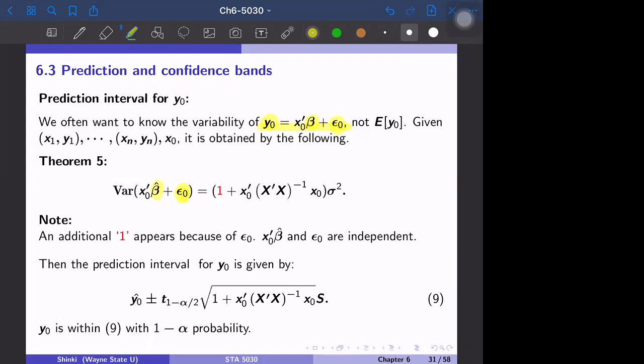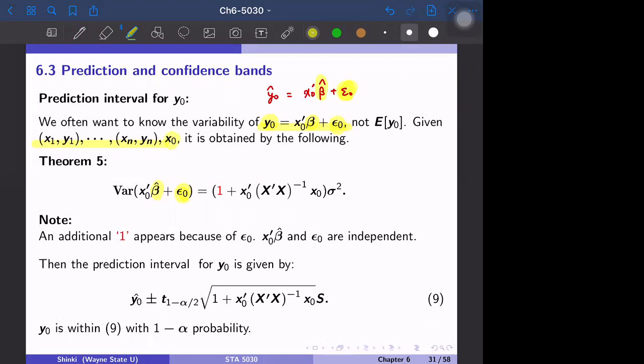If we think about estimating y naught, then y naught hat is equal to x naught transpose times beta hat plus epsilon naught. Both beta hat and epsilon naught have randomness. Beta hat is estimated based on the existing observations, and epsilon naught is based on the new observation x naught.